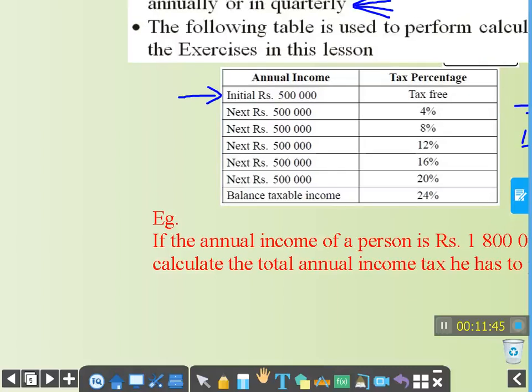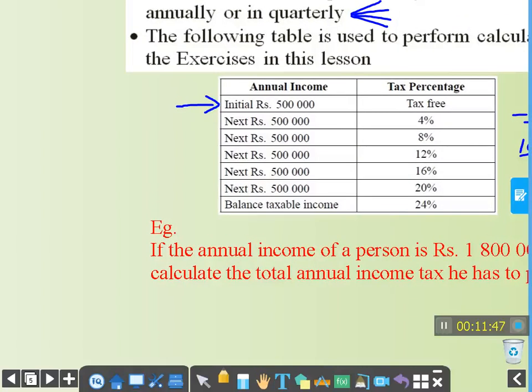Now we'll think about a person having more income, say 1,200,000. For this person also, 500,000 is tax free.